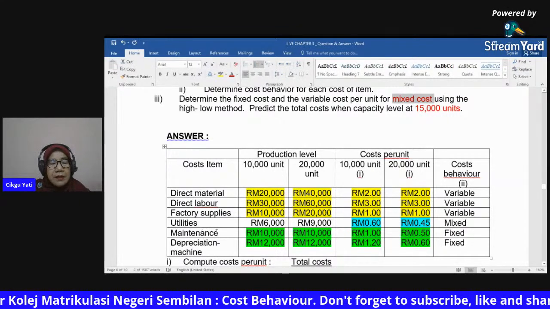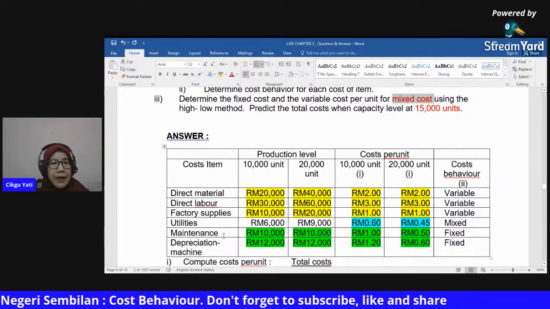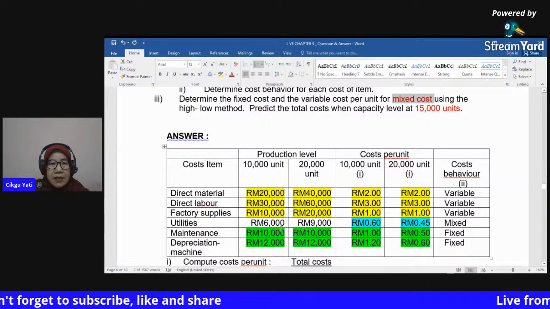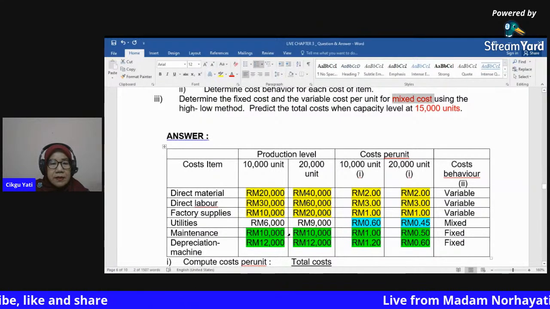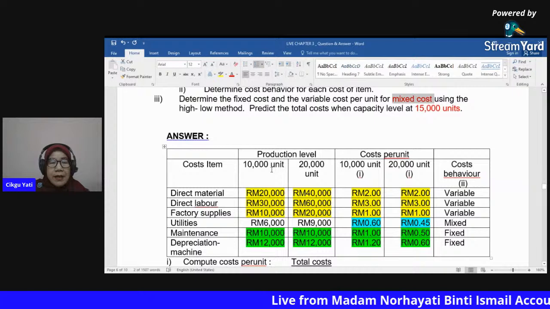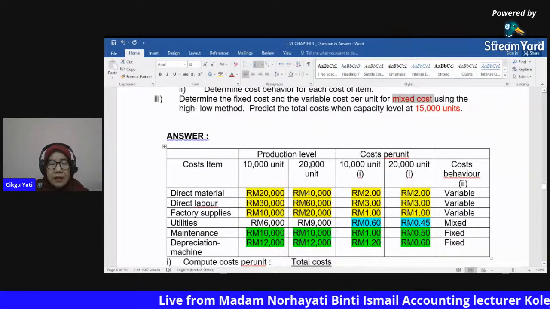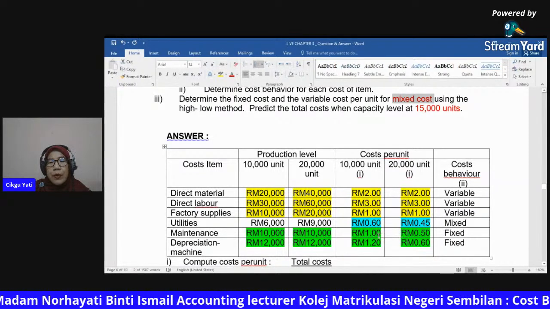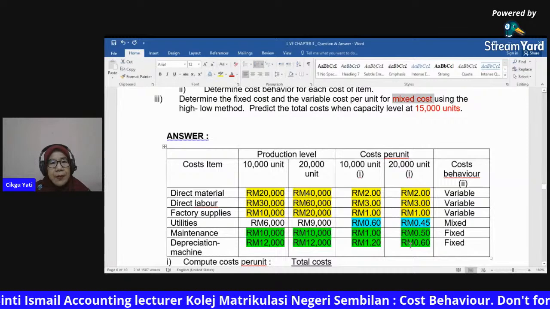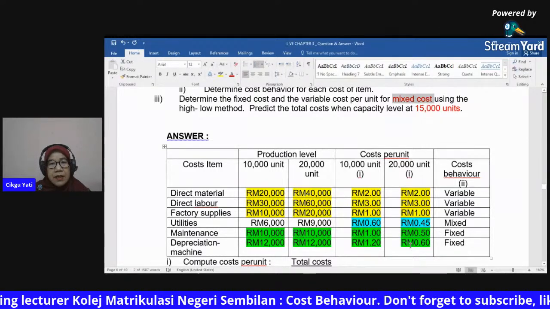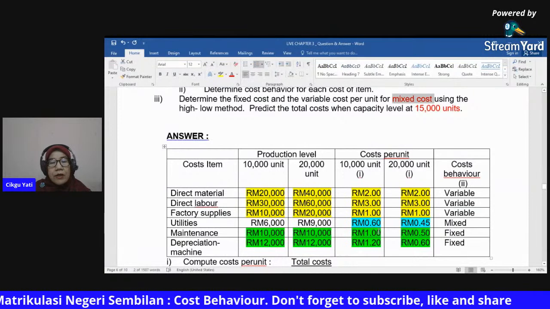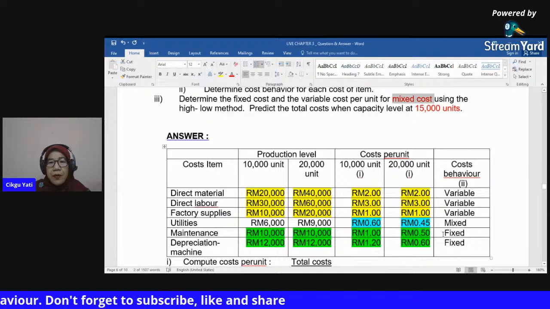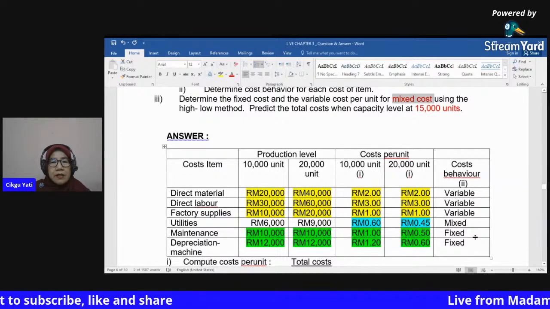For the next item, maintenance and depreciation, you can see the amount remains constant when the level of output increases, but the cost per unit will reduce. You know the concept for fixed cost per unit, it will decrease when the level of output increases. So we classify that one as fixed cost.